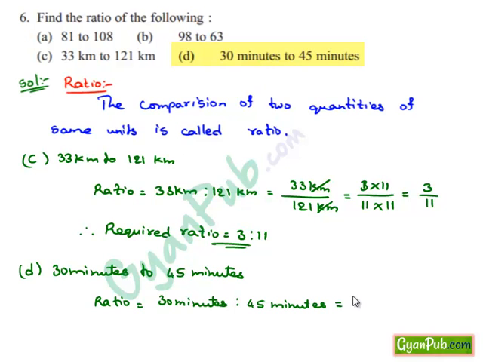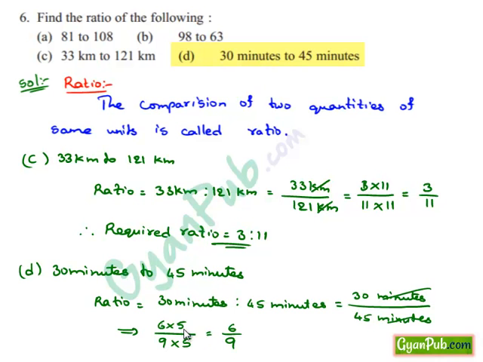This can also be written as 30 minutes upon 45 minutes, which implies minutes in the numerator and minutes in the denominator get cancelled, and 30 can be written as 6 times 5 upon 45 can be written as 9 times 5, which is equal to 6 upon 9.